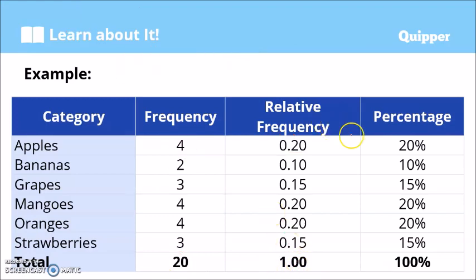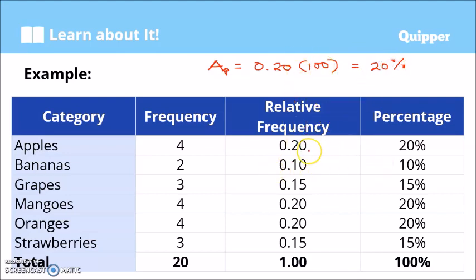Sa percentage naman, i-multiply lang natin ang relative frequency into 100. So, let's have the percentage of apples. Okay, so apple percentage, that would be 0.20, yung relative frequency, i-multiply lang sa 100. And that becomes 20%. Okay.